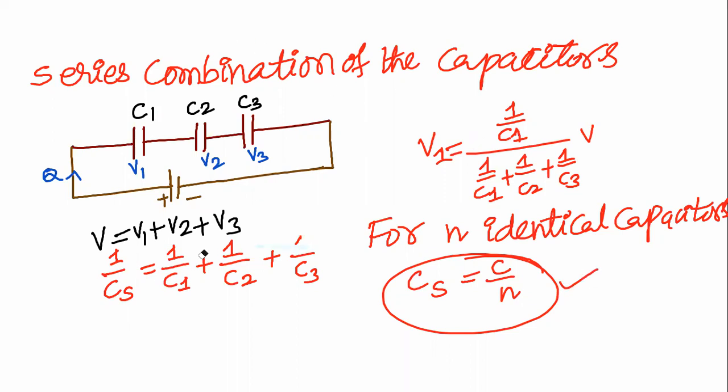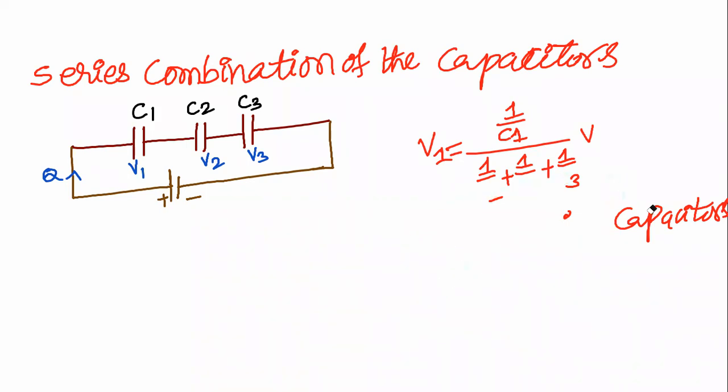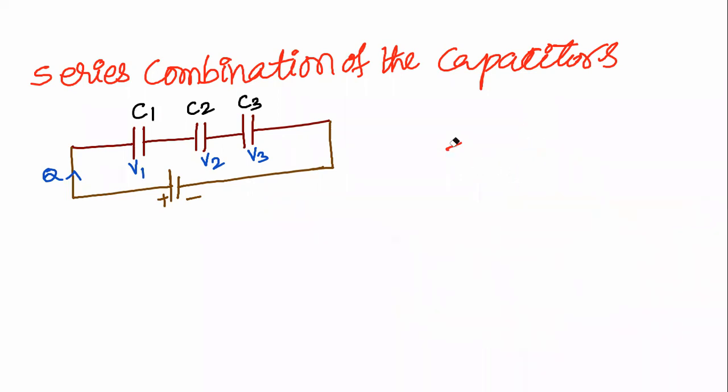Okay, we will solve one problem here. Potential across C1, C2, C3 are given. Let us suppose C1 is equal to 1 microfarad, C2 is equal to 2 microfarads, and C3 is equal to 3 microfarads.